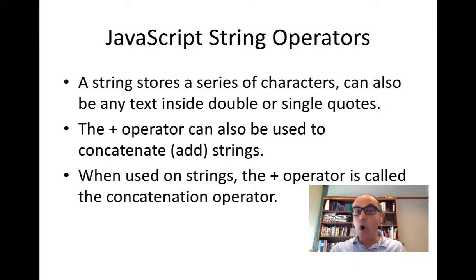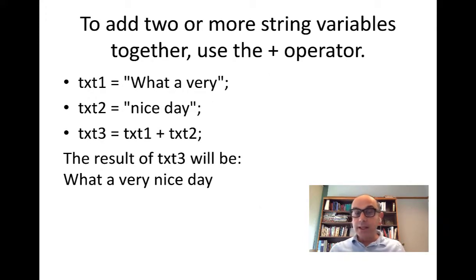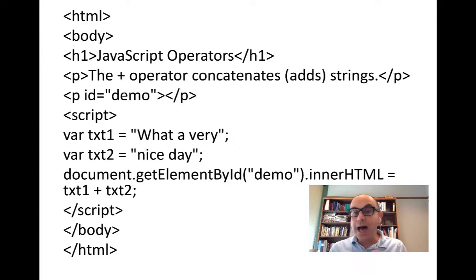So the plus operator can be used to add a string, or you can use the operator to call the string inside of it. So text 1 is what a very, text 2 is nice day, and text 3 is text 1 plus text 2. So the result will be what a very nice day. So how do I apply that into JavaScript? And I want you to look very closely to the syntax.